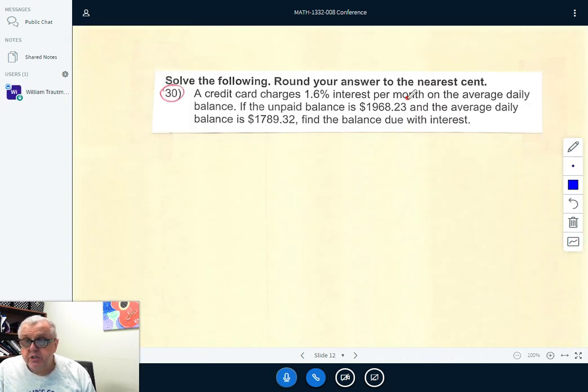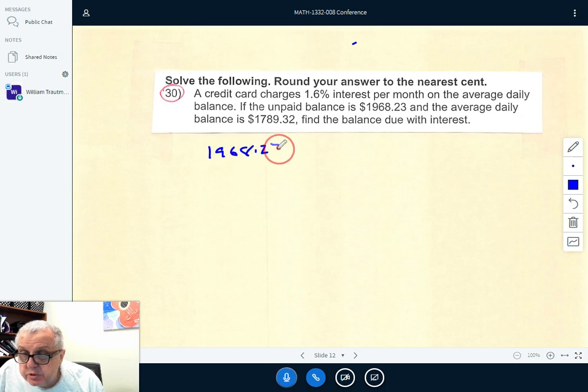A credit card charges 1.6% interest per month on the average daily balance. If the unpaid balance is 1968.23 and the average daily balance is 1789.32, find the balance due with interest. So for this problem, we're starting off with 1968.23.